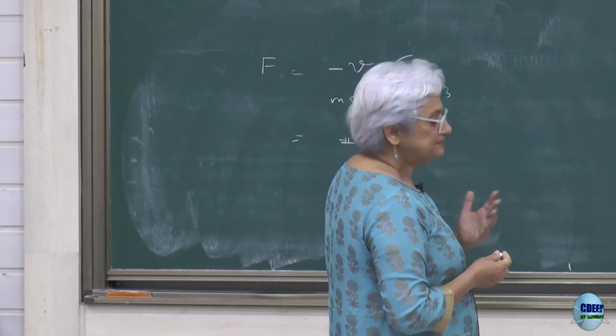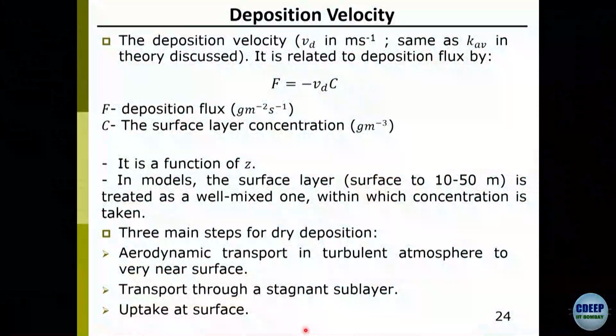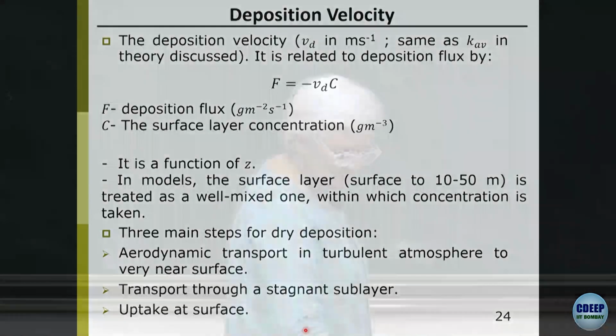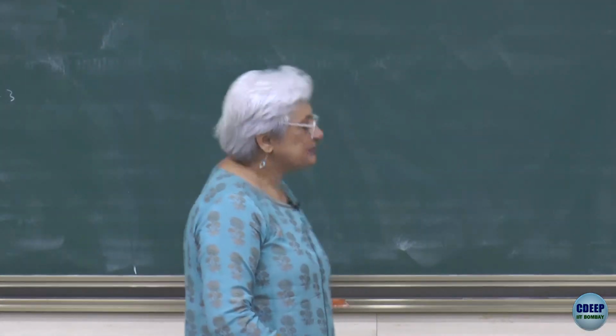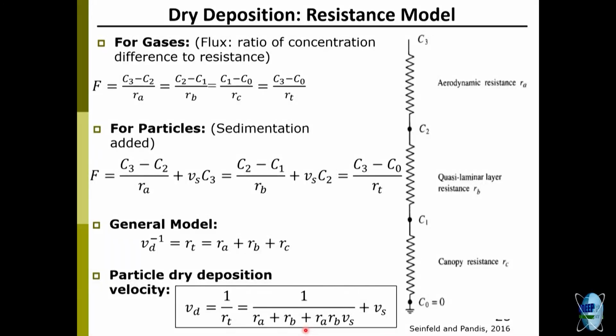Now, more or less I think we will use the slides because it's pretty much the same material that has to be written on the board. This is conceptualized as a resistances in series model, right? And where are the resistances in series coming from?